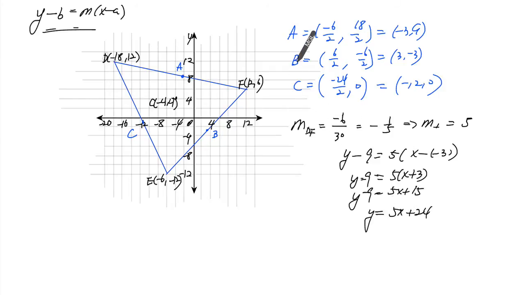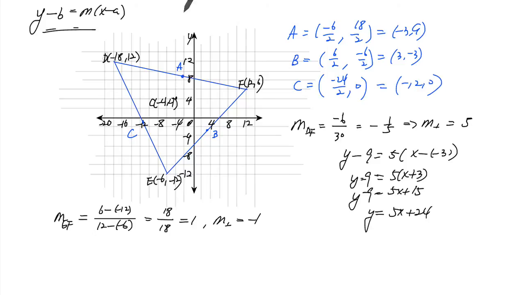Okay, and let's get the second one. So let's find the slope of EF. That's 6 subtract negative 12 over 12 subtract negative 6, 18 over 18, which is equal to 1, which means the perpendicular slope is negative 1.